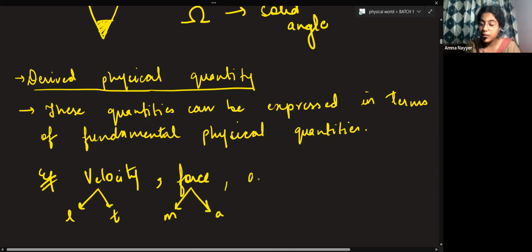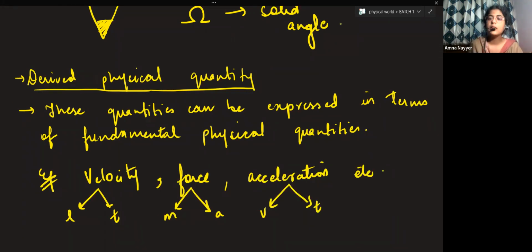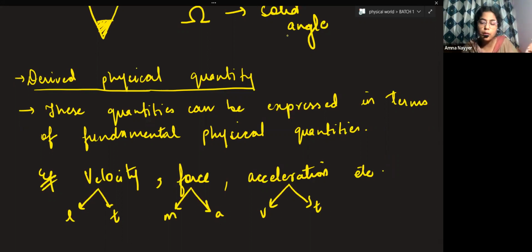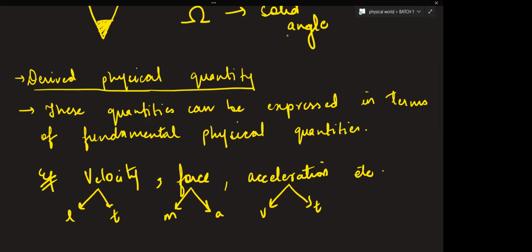Even acceleration is itself a derived quantity, because acceleration is expressed in terms of velocity and time. So all these quantities are basically derived quantities because they are derived from the fundamental quantities. Is this clear to you, Maha? Any doubts till now? No, ma'am.